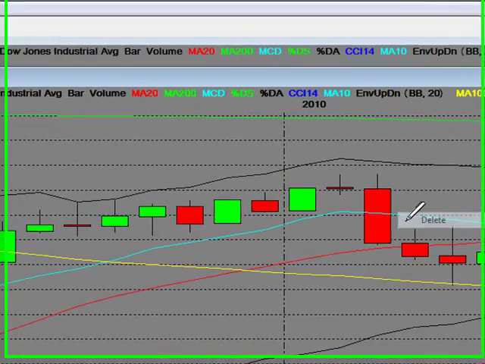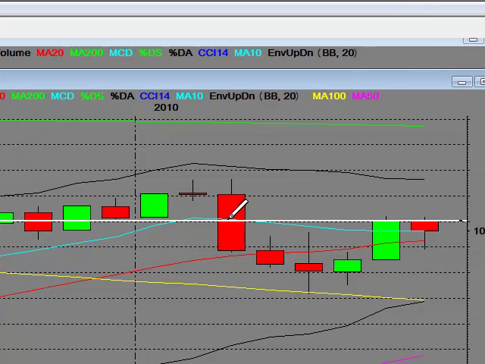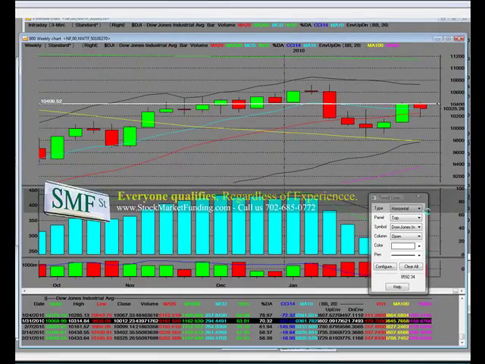What students are taught here is that a big down bar happens. This is called the SMF Weekly Pro Trader Bar. This relief rally so far, I can tell you, is resistance.